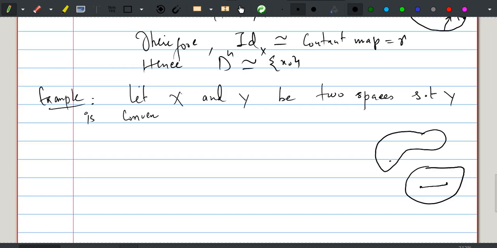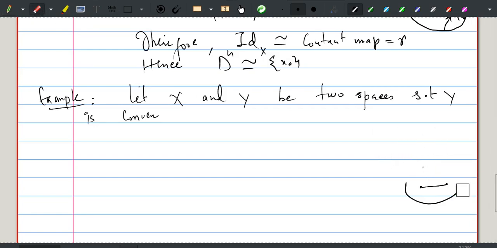Now if we take a point here and a point here, and if we join these two points by this line segment, it does not fall entirely in this set. So this is not a convex set.